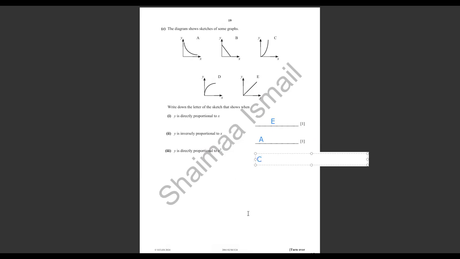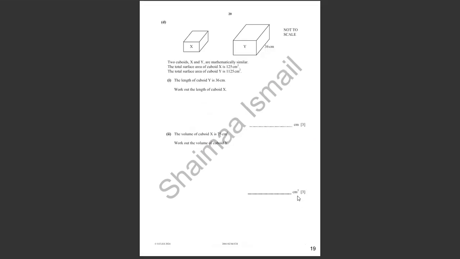Okay, let's see the next. Number D, here we have two cuboids, X and Y, that are mathematically similar. So apply the similarity rule. Remember that side to the power 1, area to the power 2, and volume to the power 3.